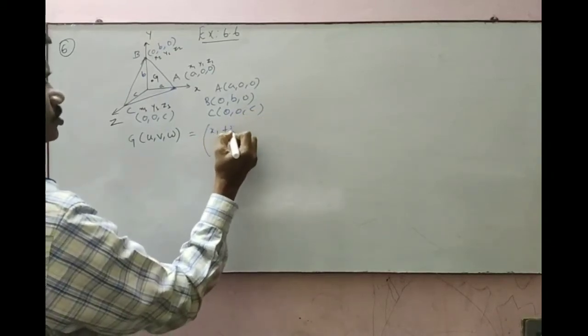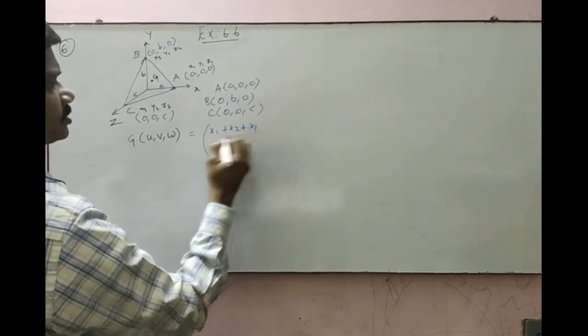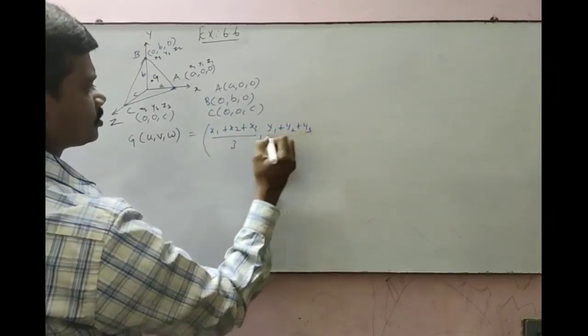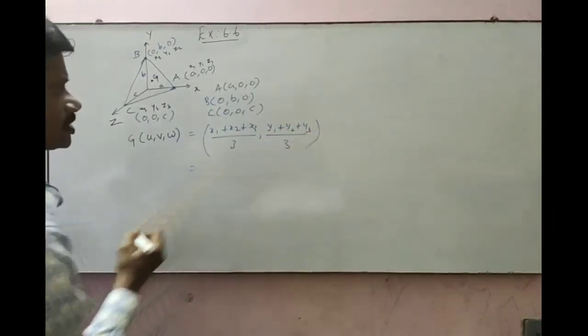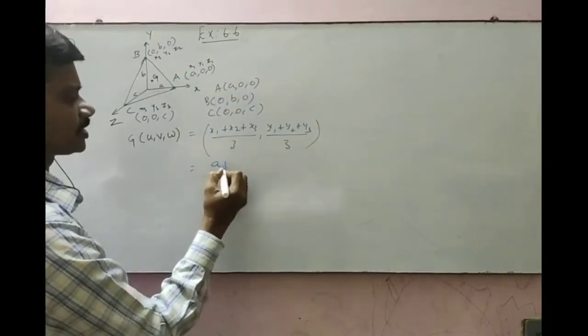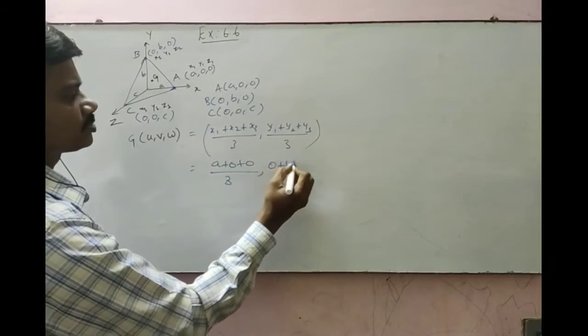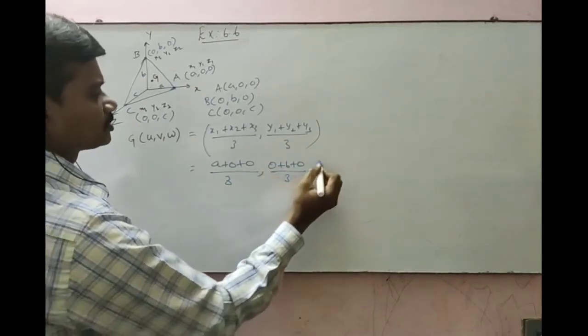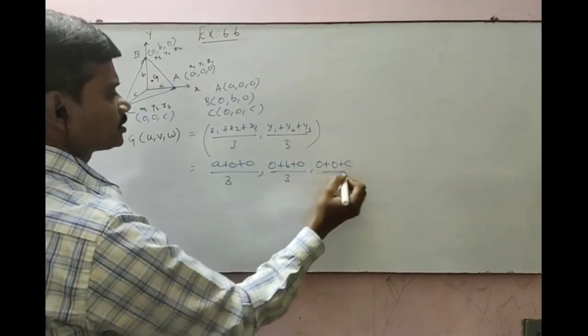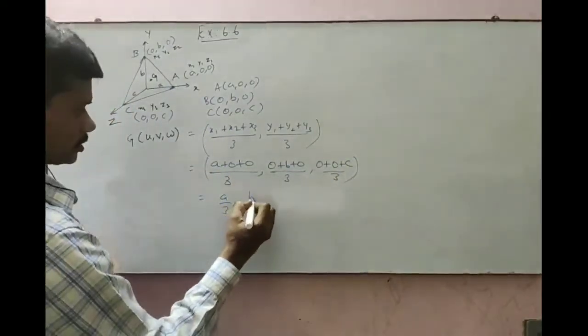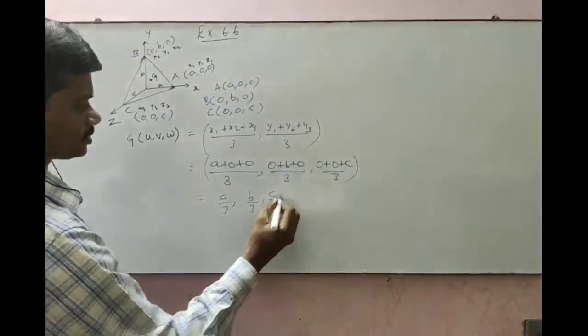Centroid formula is x1 plus x2 plus x3 by 3, y1 plus y2 plus y3 by 3. We substitute these values here. You will get a plus 0 plus 0 by 3, 0 plus b plus 0 by 3, 0 plus 0 plus c by 3, which gives a by 3, b by 3, c by 3.